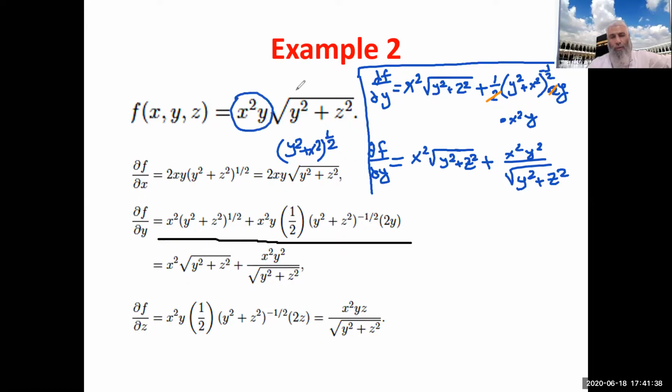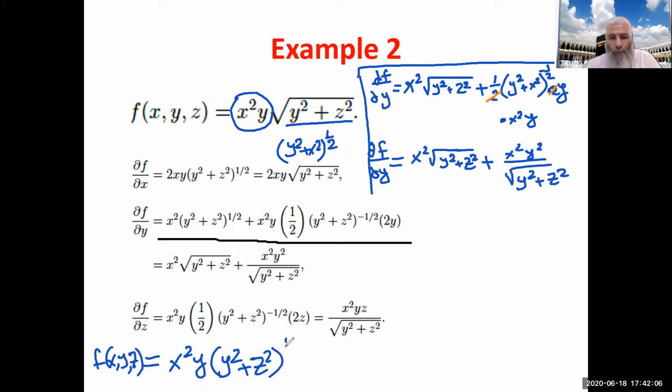We will not take any derivative of this, we will just take the derivative of this, because here is z squared. So this constant will go directly. The function of x, y, z is x squared y times y squared plus z squared power 1/2, so we take the derivative of this part only.